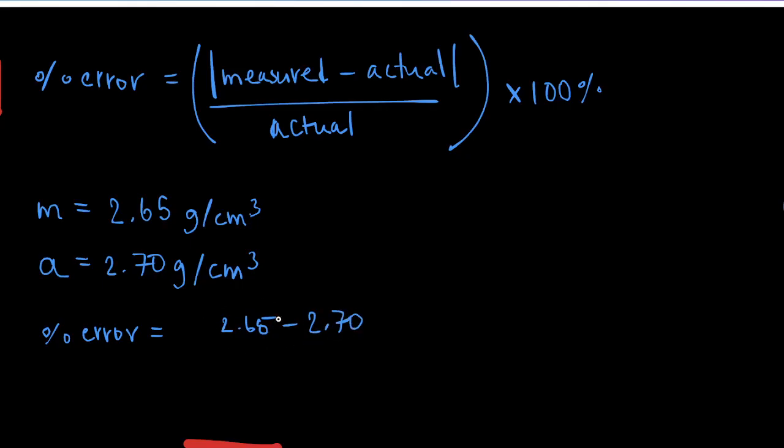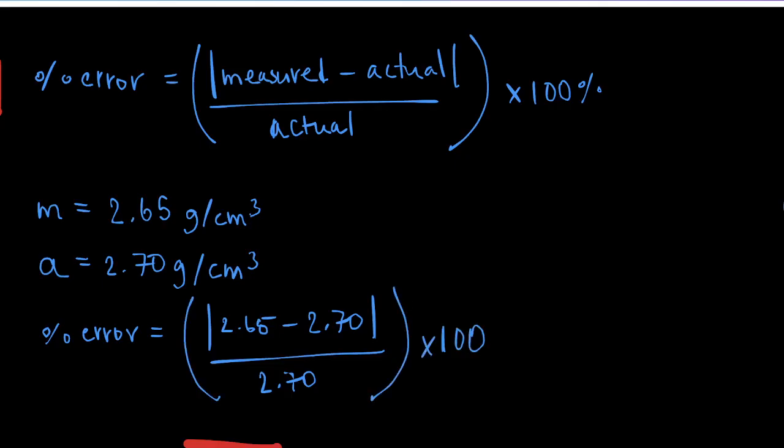And remember, this value would actually yield a negative number, so you have to always remember to keep your absolute value. So we take the absolute value of this, divided by our actual again, which is 2.70. And this whole thing is going to be multiplied by 100.